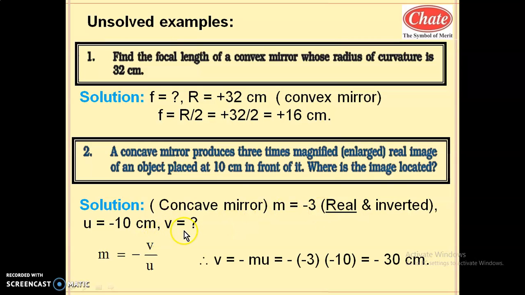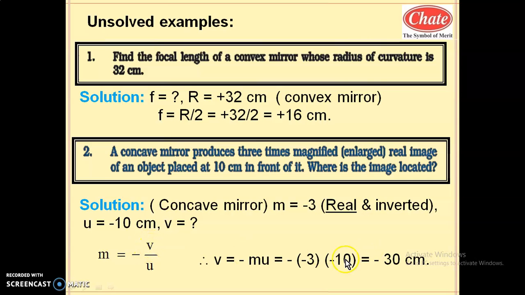As we want to find the V, that is the image position, we use the relation between M, U and V. For a mirror, M equal to minus V by U. This is the relation between magnification, V and U. Like magnification is h dash by h, another formula in terms of U and V is magnification equal to minus V by U. So V equal to minus MU.